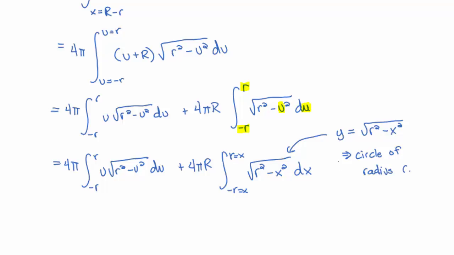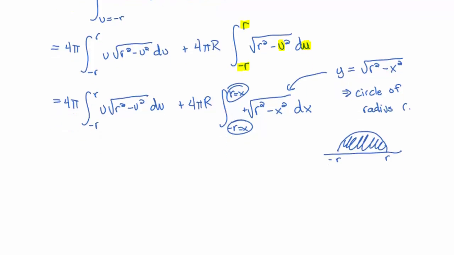And you're finding the area of that circle from one side to the other side. So really, you're looking at what's the area underneath this circle from negative r to r, and it's only the positive y values. So really all you're asking is, what is the area of half a circle of radius little r? So that part we can compute.